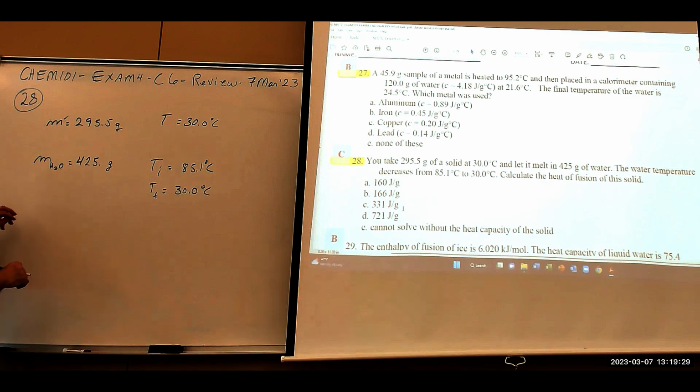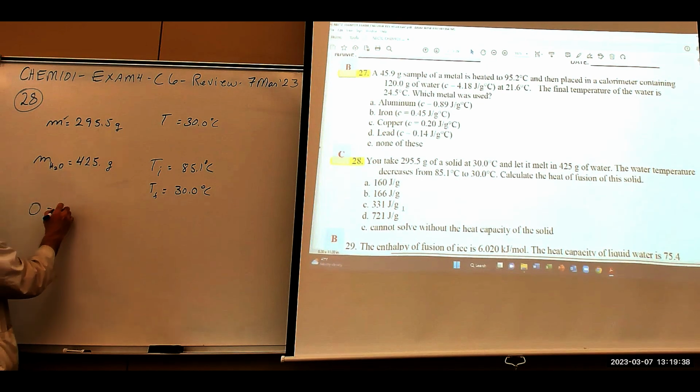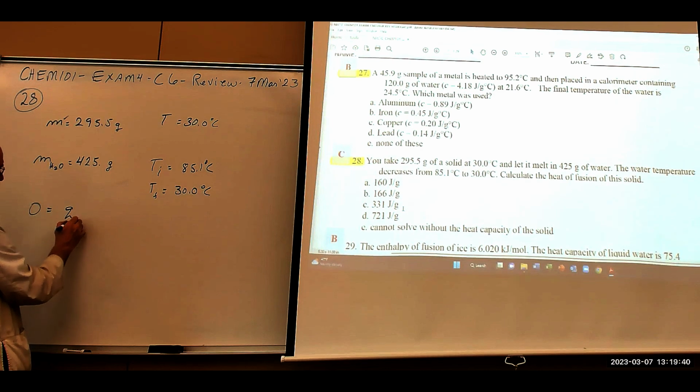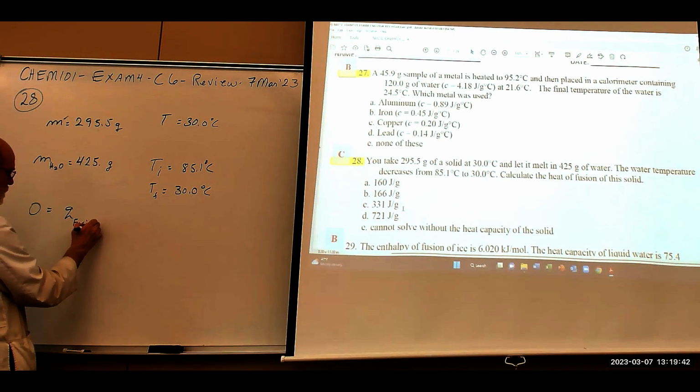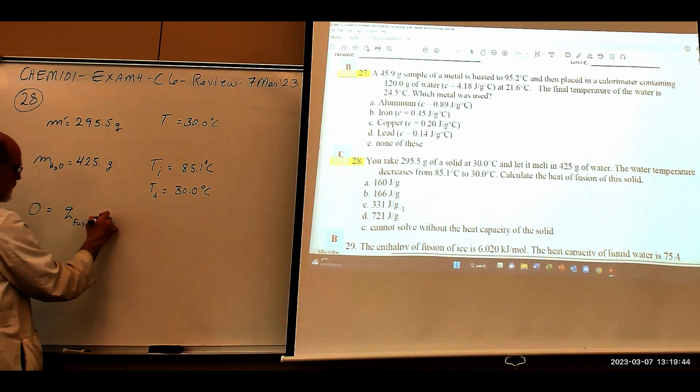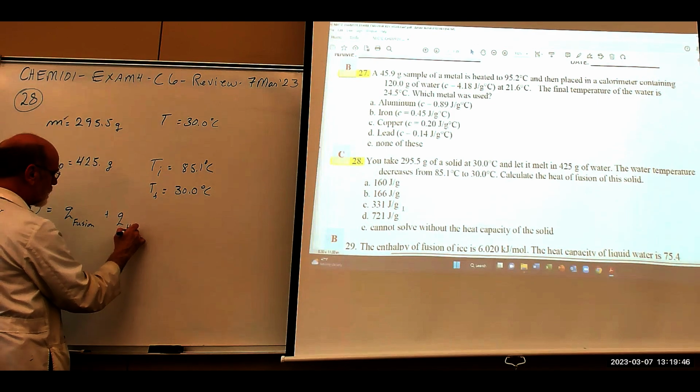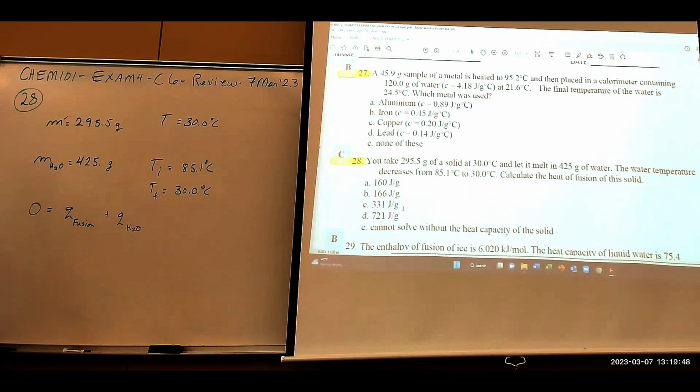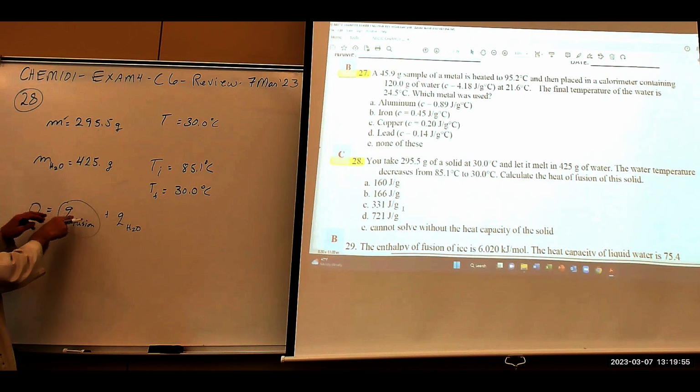Okay. Let me see if it'll work this way. So the heat required, the heat of fusion for the solid plus the heat change for the water should be equal to 0. All right, so let's leave this one intact and just solve for that one.